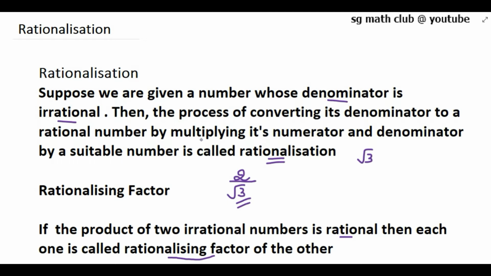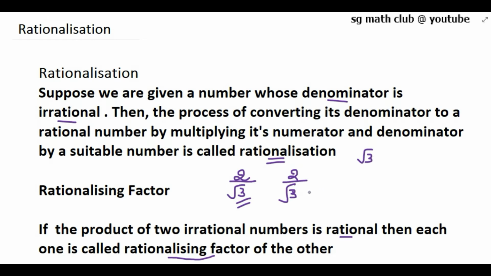Then the process of converting its denominator to a rational number by multiplying its numerator and denominator by a suitable number is called rationalization. That means I want to convert this denominator into a rational number. So how will I do this? In simple words, I don't want a root in the denominator.